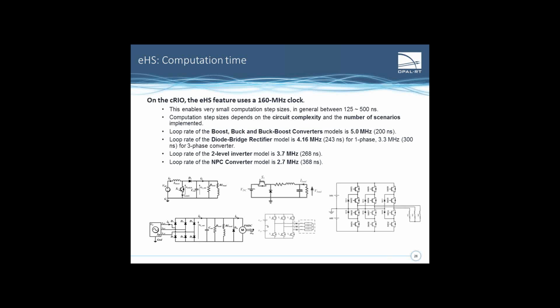The boost converter I showed you, or a buck converter, or buck-boost converter, are all at 200 nanoseconds. For the others, depending on the complexity, they have a longer loop time. The most complex circuit that we've shown you today was the NPC converter, and this one is running at a loop rate of 2.7 megahertz. So that means a sample time of 368 nanoseconds.